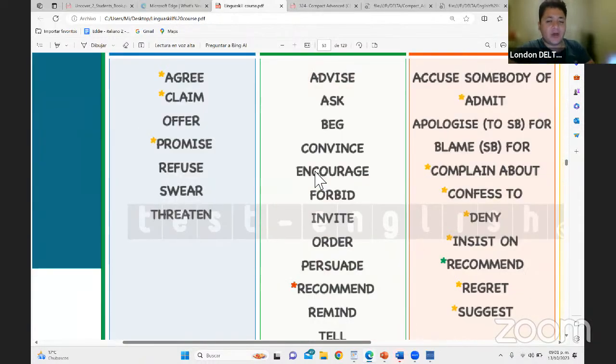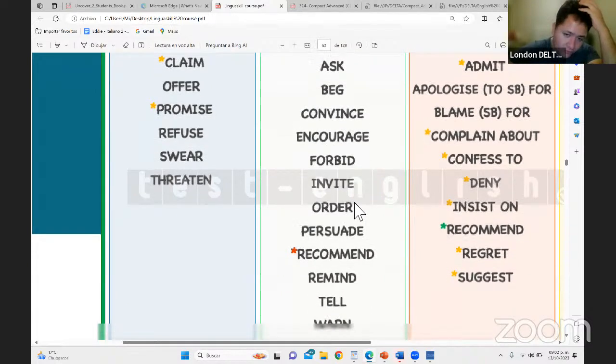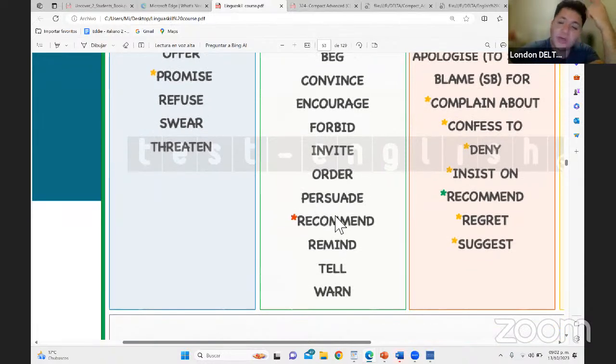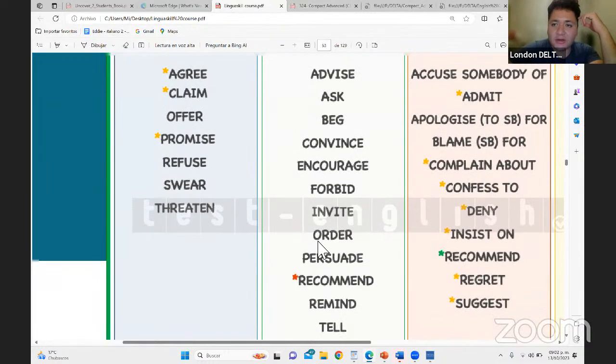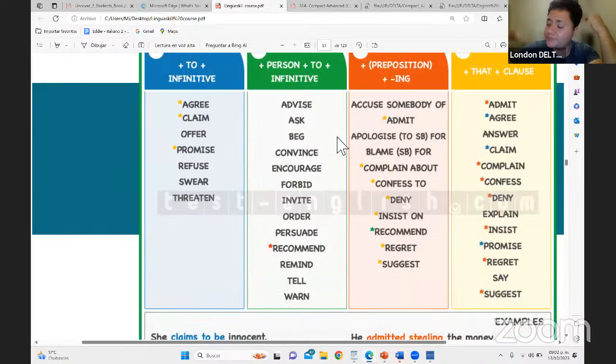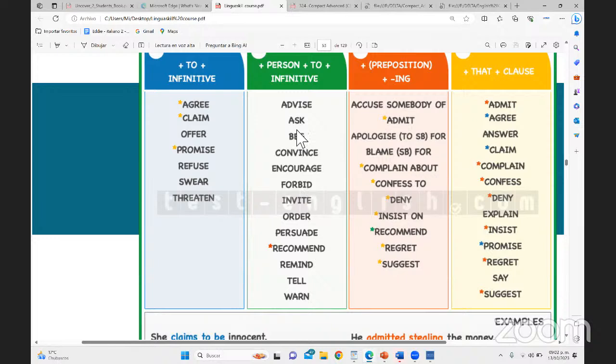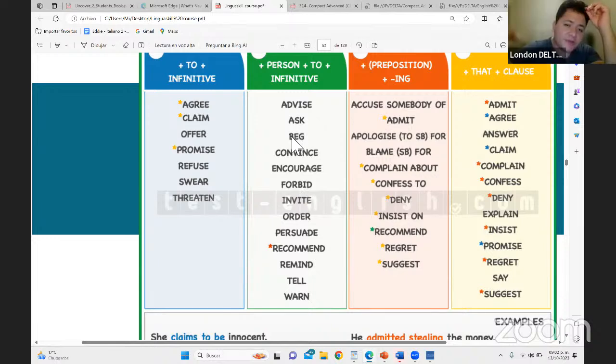In the next column, you have advise, ask, beg, convince, encourage, forbid, invite, order, persuade, recommend, remind, tell, and warn. So do you have any questions about these, any of these verbs? Yes, beg and forbid. Beg means rogar, and forbid means prohibir.